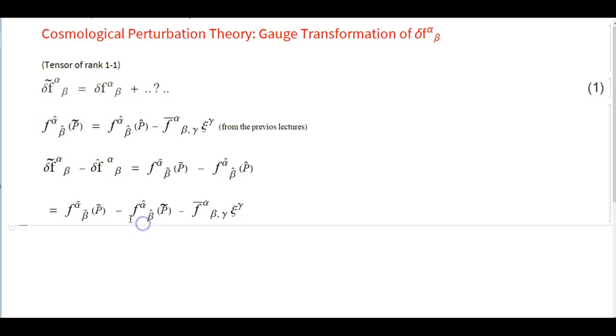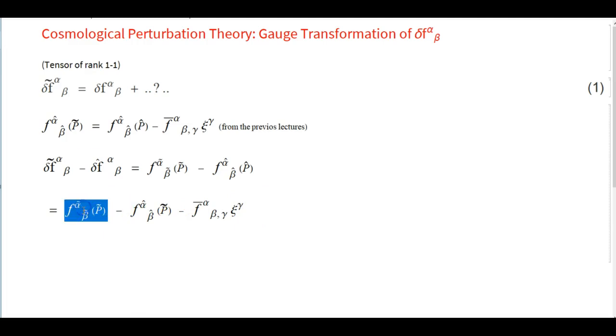This is the f alpha tilde beta tilde value at point p tilde. This is a value in gauge 1, and this is a value in gauge 2, and this is a value in gauge 1. So I can further simplify this, and both values are at the same point. So I can use the same point transformation relationship to further simplify this. And what is that relationship?